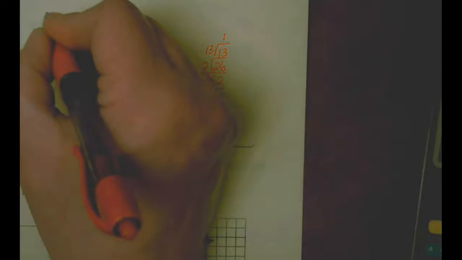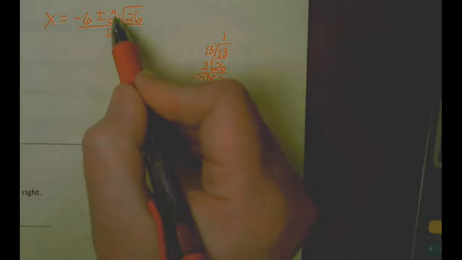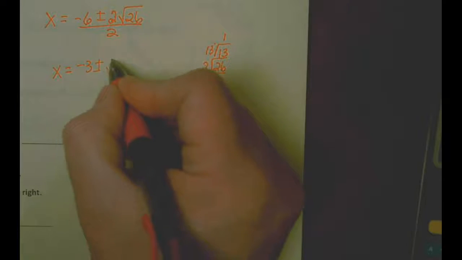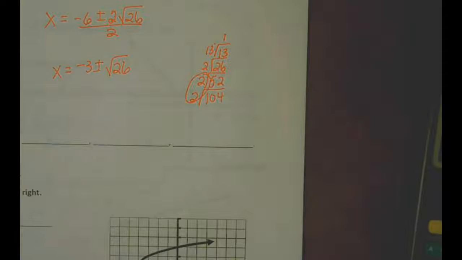So this is going to be x equals negative 6. Negative 6, 2, and 2 have a GCF of 2. Divide that by 2. Divide that by 2, it cancels out. Divide that by 2, and it cancels out. So there is your final answer.